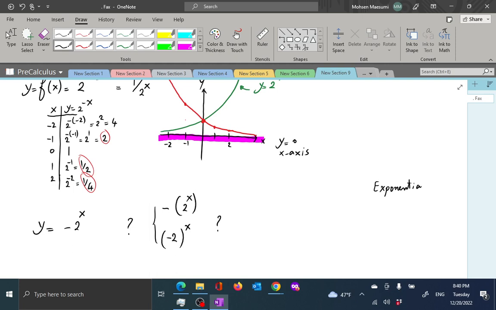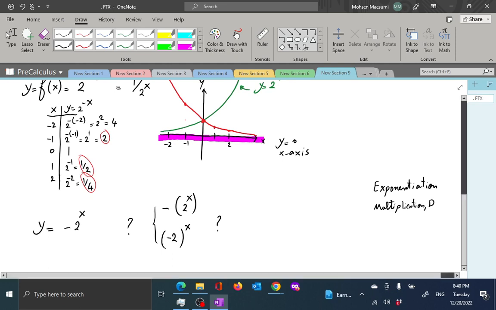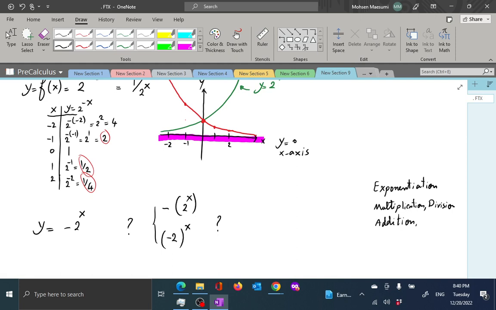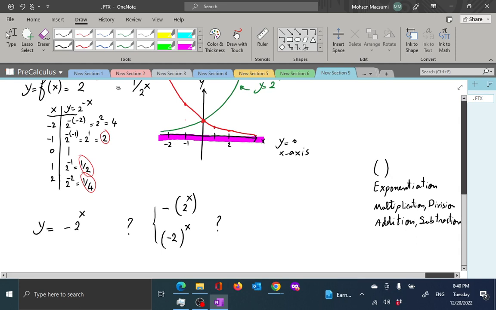Okay, exponentiation. So we have an order of our agenda: exponentiation, then we have multiplication and division, and then we have addition and subtraction, and above all of these things we have parentheses actually.